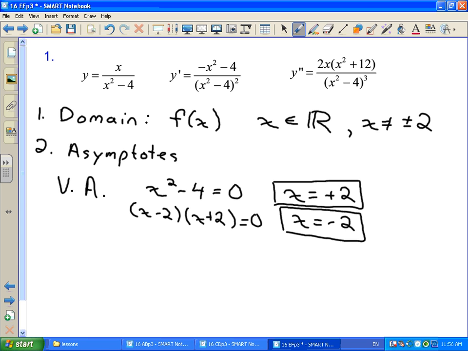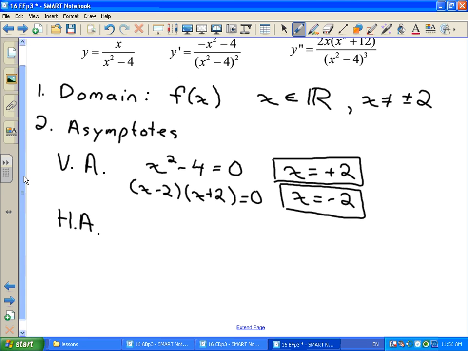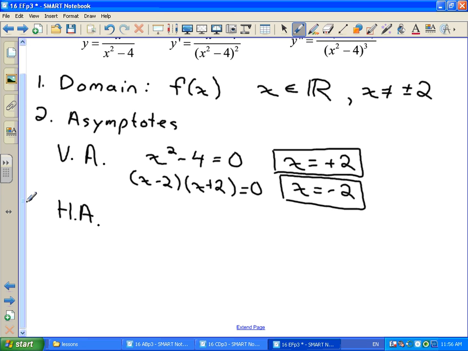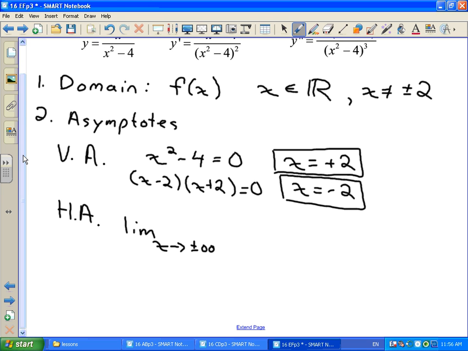Our horizontal asymptote here. Well, we want to look at our highest power of x. It's x squared, and we want to take the limit as x goes to positive or negative infinity of our function, where we're dividing through by that highest power of x.